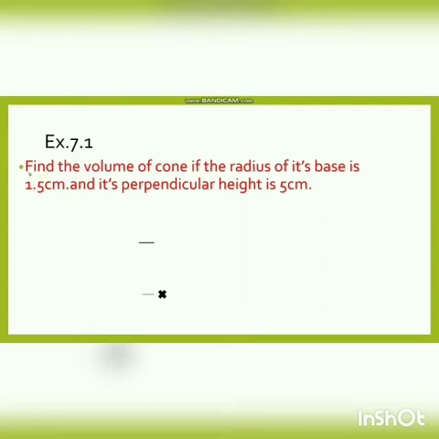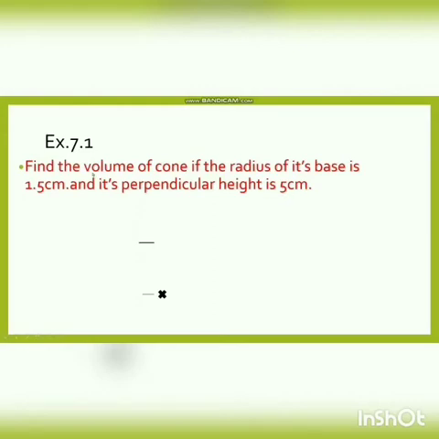I read the example. Find the volume of cone if the radius of its base is 1.5 centimeter and its perpendicular height is 5 centimeter.